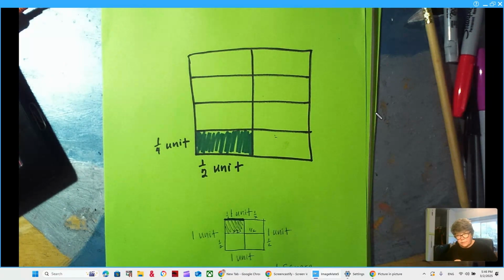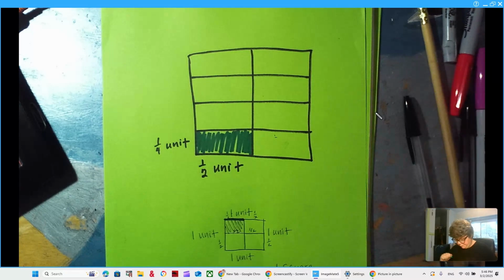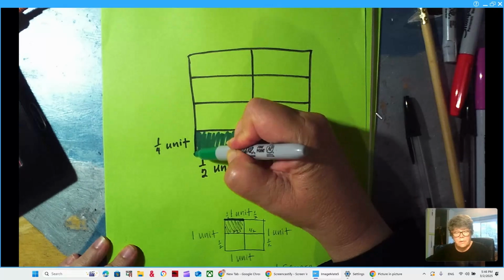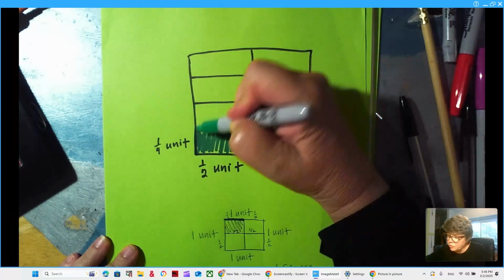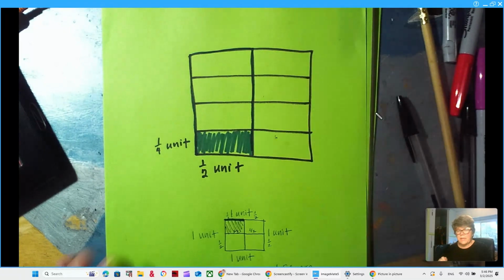Let's draw to help us find out how many rectangles with side lengths of 1/4 unit and 1/2 unit fit into this unit square. We already have it drawn here for us, but let's just think about, okay, if this is 1/4, right, then I can draw a little box here with my green.